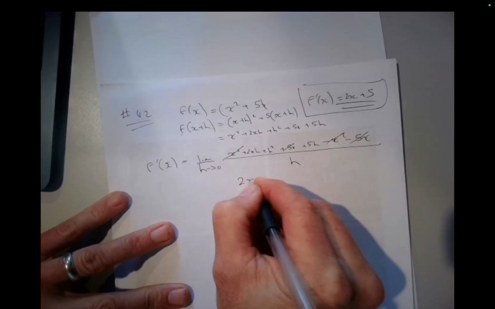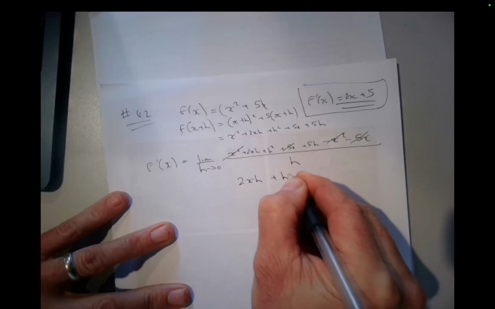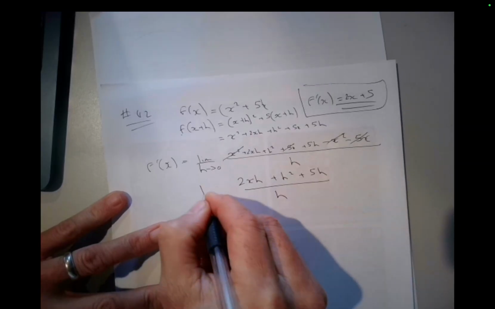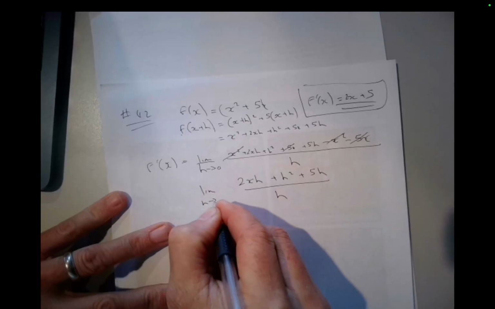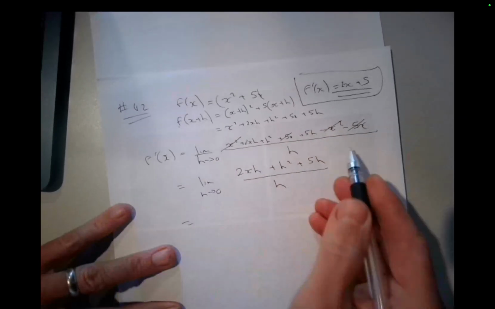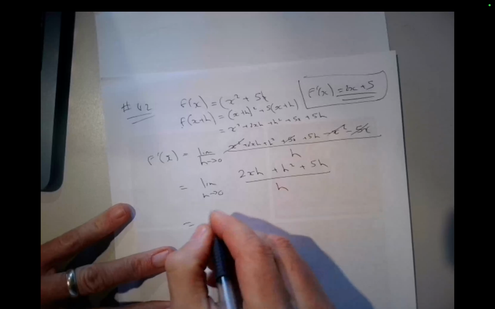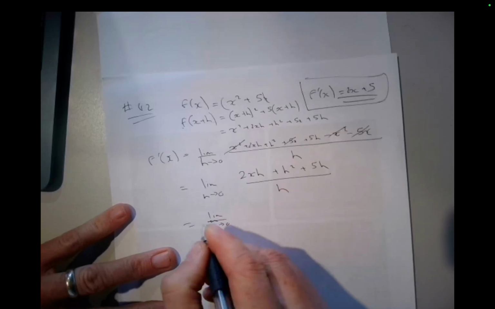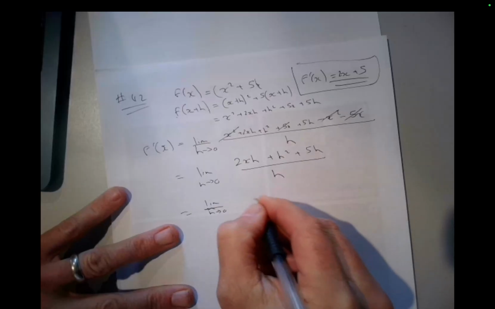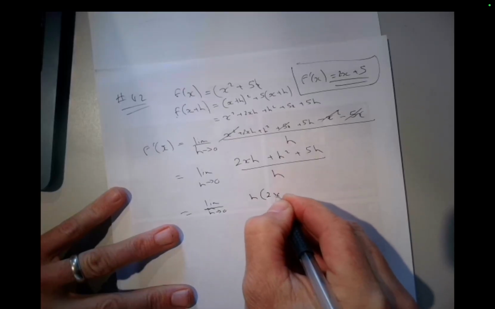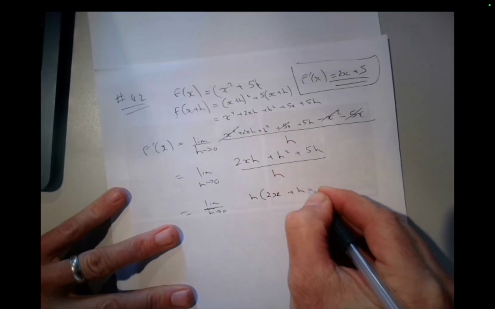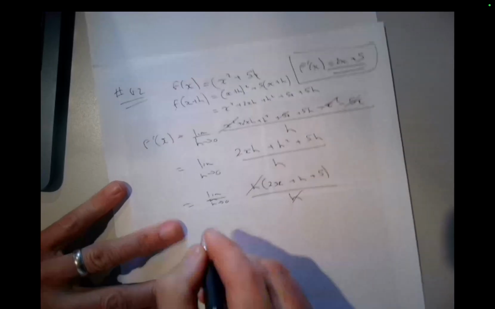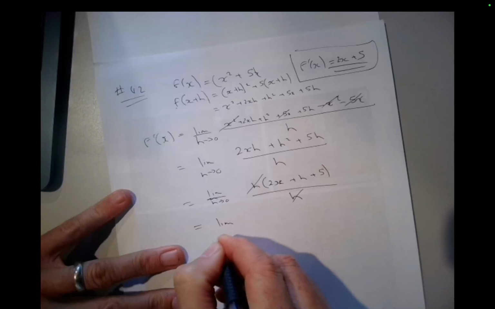We've got 2xh plus h squared plus 5h over h, and that limit as h goes to 0. So should we common factor here? Oh, keep putting that it's not a fraction. Okay, so h, what's left? 2x plus h plus 5 over h. H is cancelled. So we've got it down to this expression here.